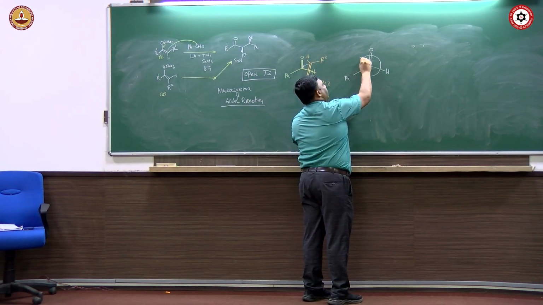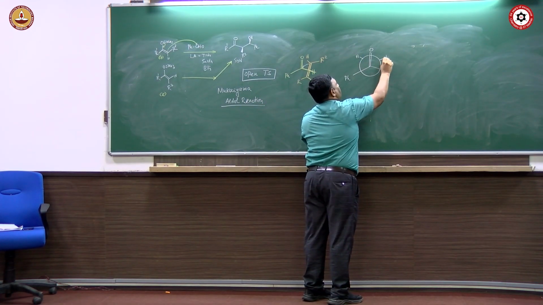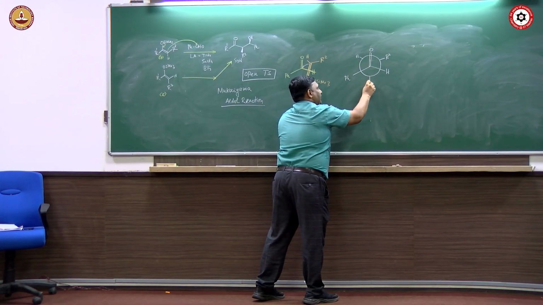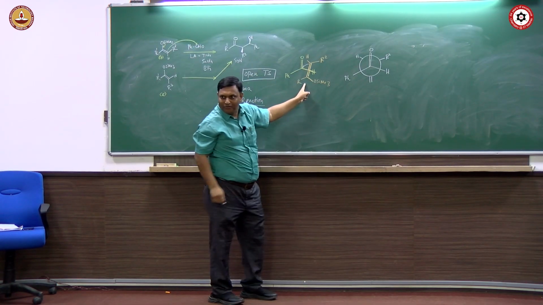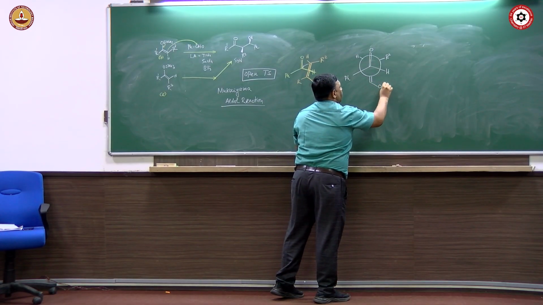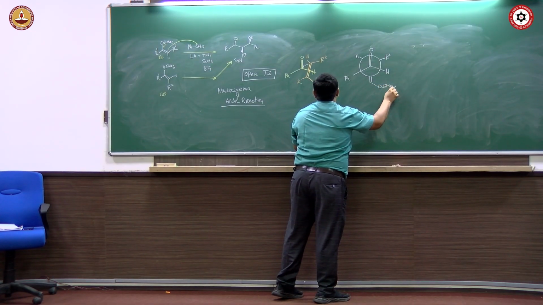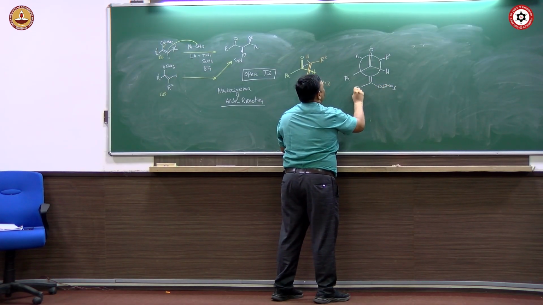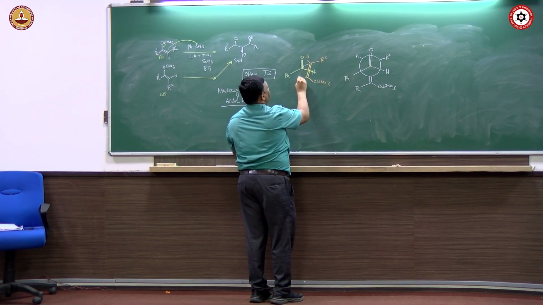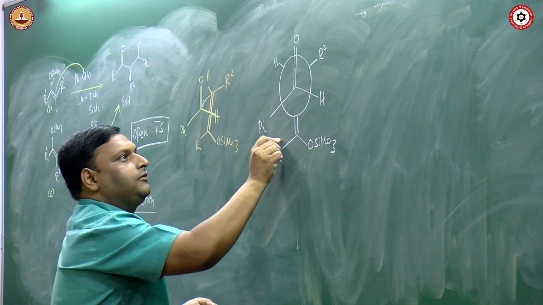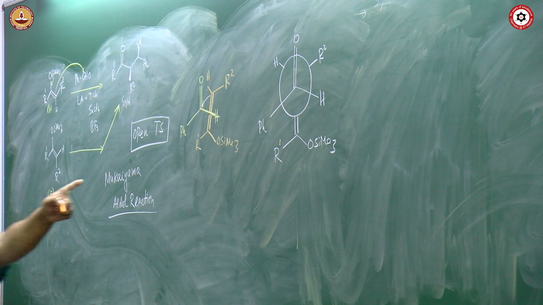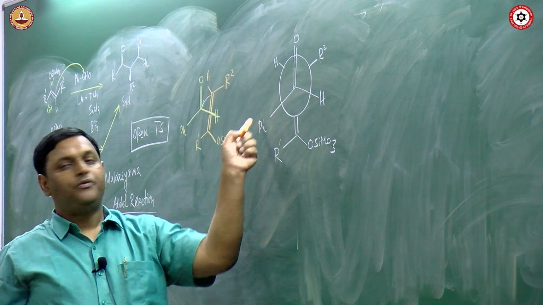So the hydrogen and R2, and then a double bond is coming down, with OSiMe3 and R1. Is it clear how we got it?